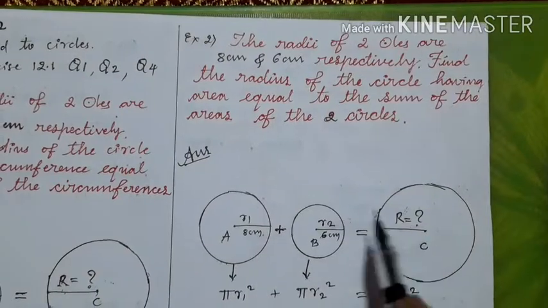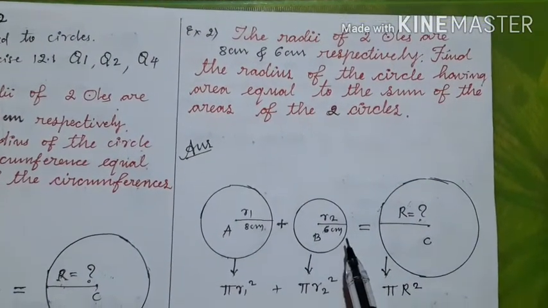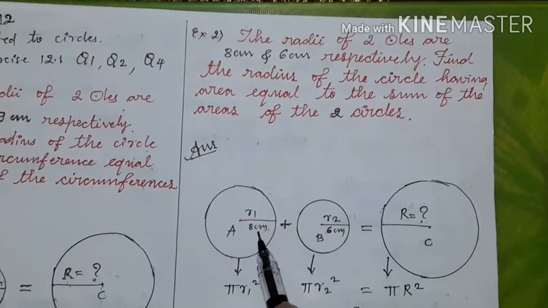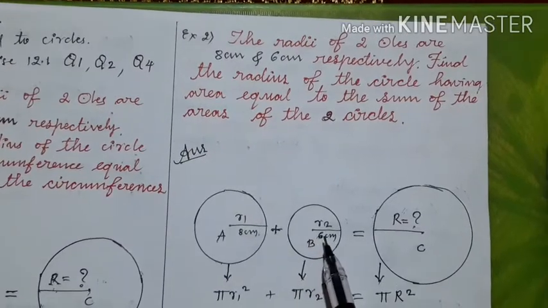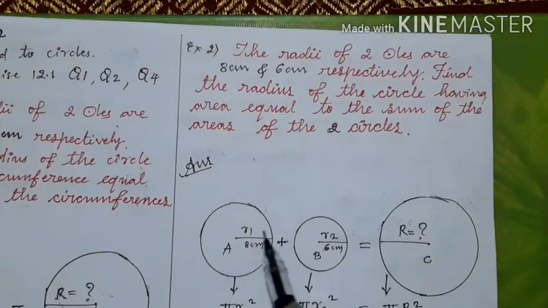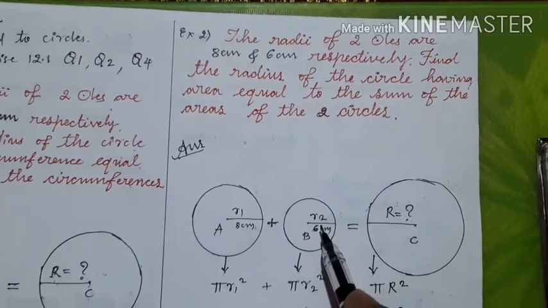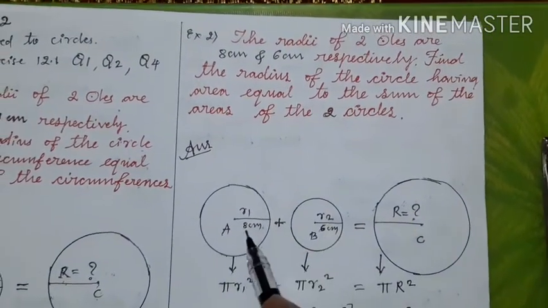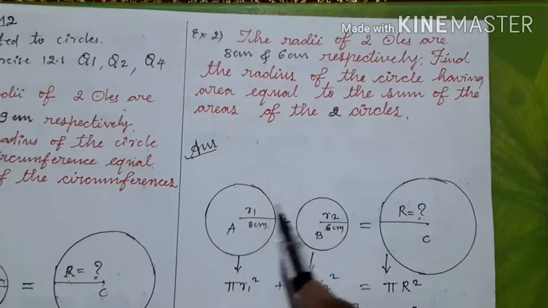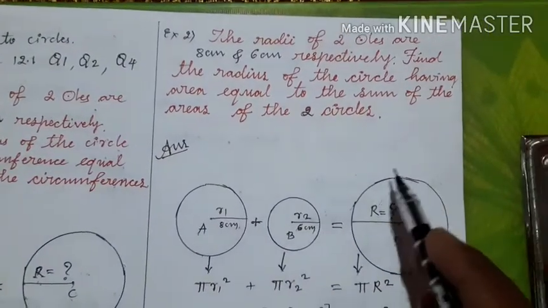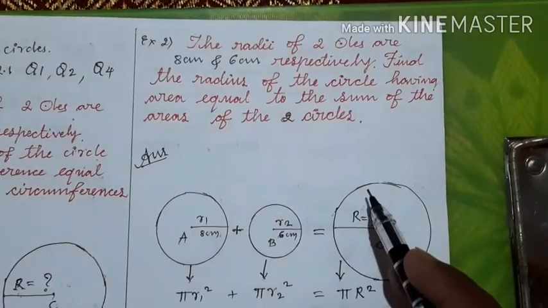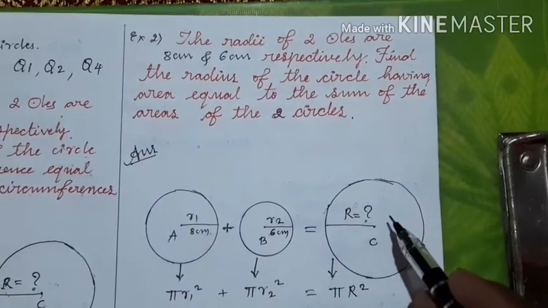See here children, there are two circles of radius 8 centimeter and radius 6 centimeter, and this will also have an area, and this circle will also have an area. If you add the areas of these two circles, we will get one more circle with some area.